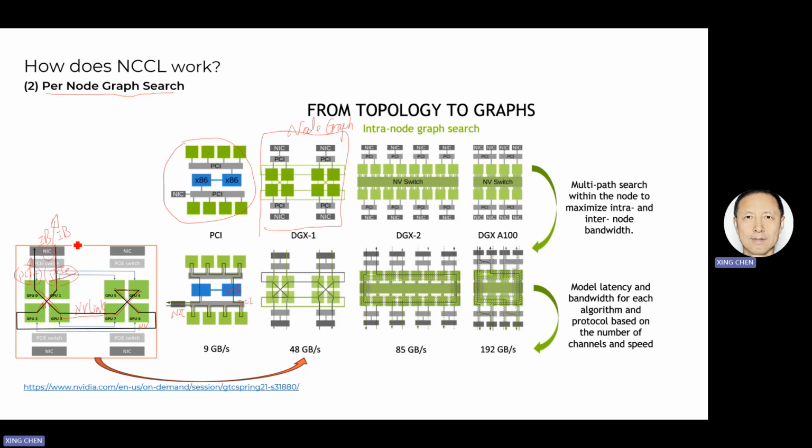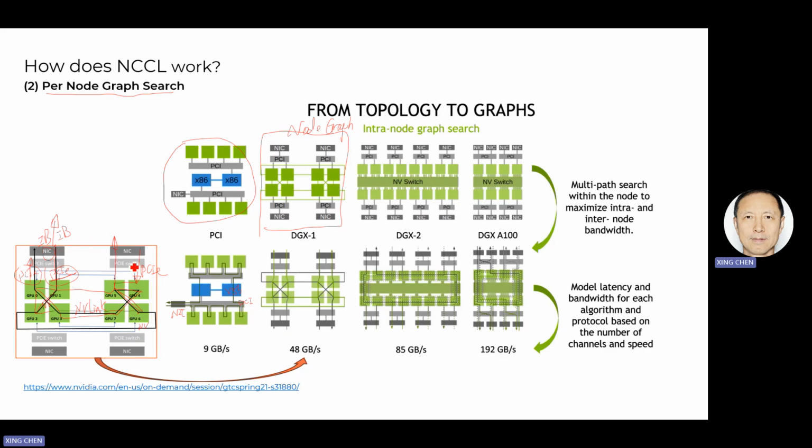To remove the bottleneck, their NCCL library can build up multiple rings. The second one may be that you come in from this PCIe link, pass through all these GPUs, maybe like this, and then you come back and get out from here. So you have multiple rings.